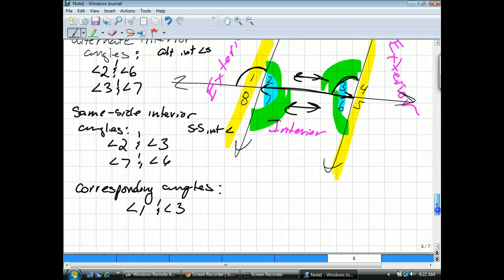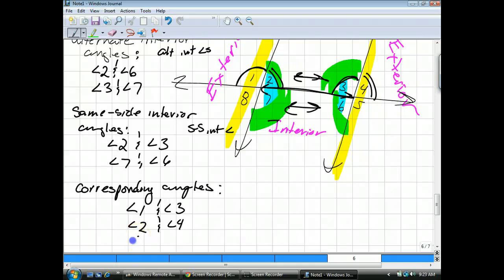Okay? Also notice that angle 2 and angle 4 are to the right of each line and above the transversal. So they are also corresponding angles. So angle 2 and angle 4 are corresponding angles. Okay? So what would be another pair of corresponding angles?